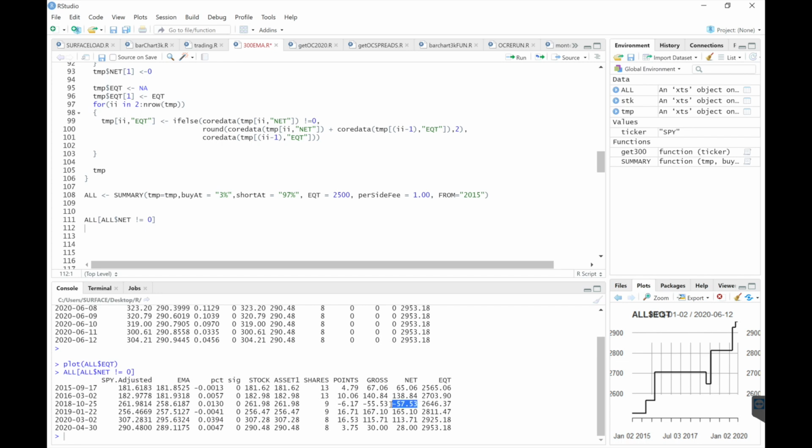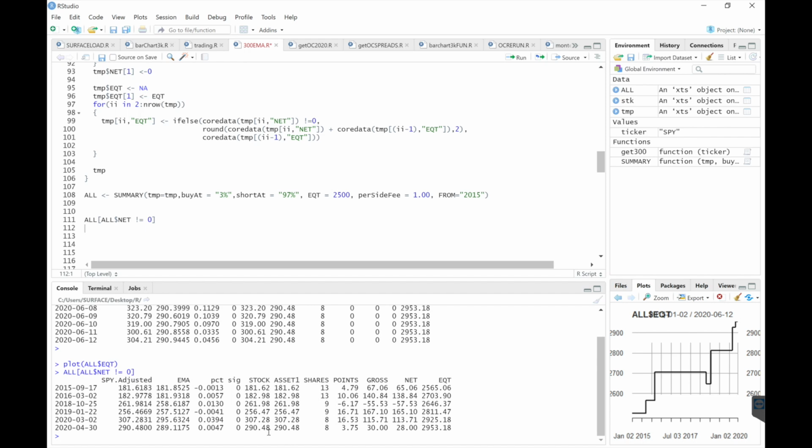Our worst was negative $57. So it seems that if we use a wider bracket on quantiles, it does a little bit better. And here we see a trade almost every year. So this is kind of what we want and what we're looking for. We don't want it to trade often, but when it does, we want it to be right.